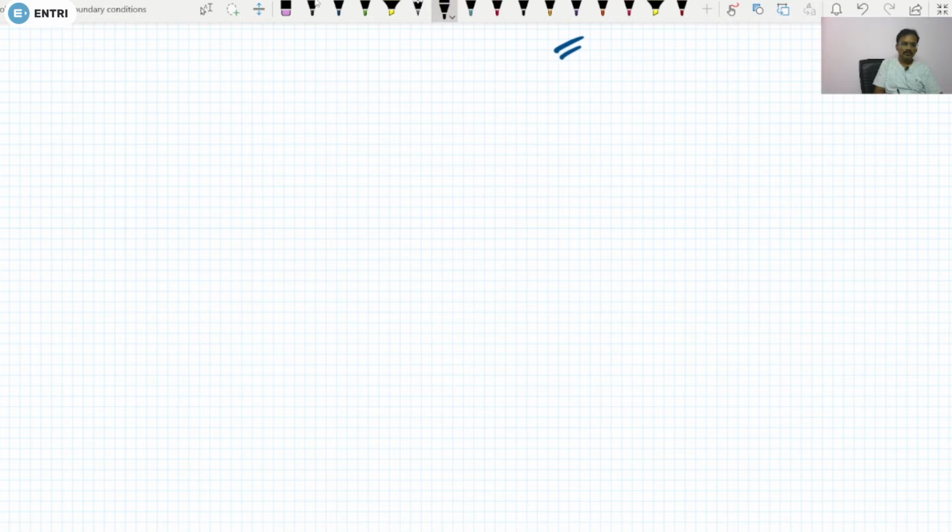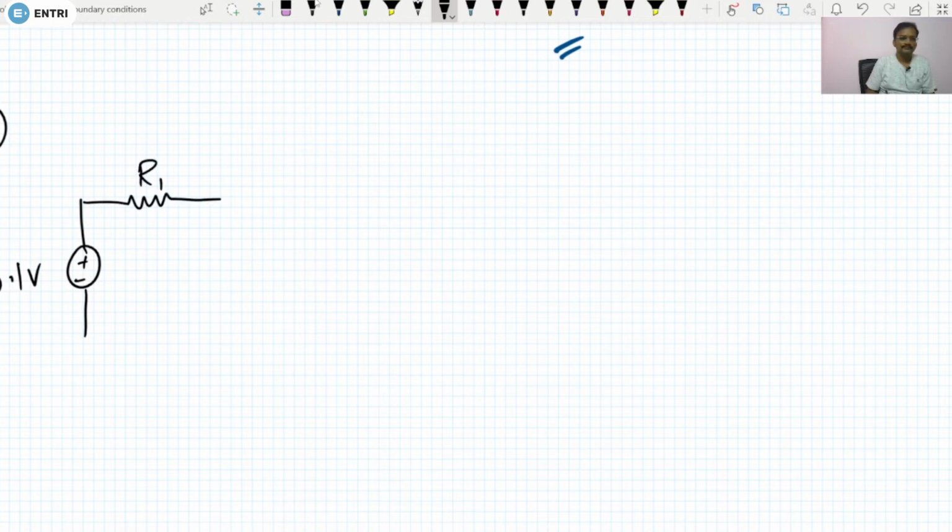Write down the third question here. So here they have given an op-amp circuit like this. So this is the op-amp circuit. Here they have given 0.1 volt, and here this is R1.